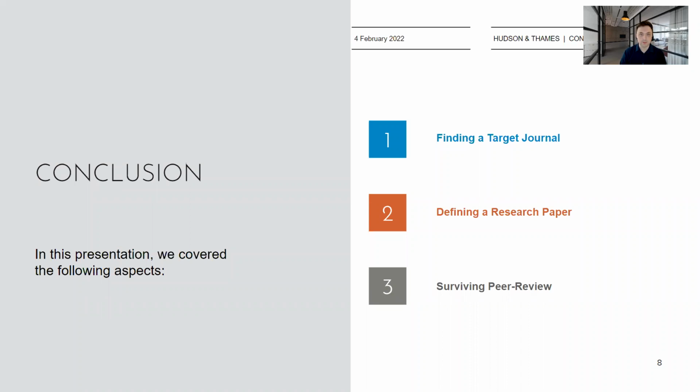So I've discussed several aspects of writing and publishing a paper, starting with finding a target journal. Again, quality is key. You want to publish in high impact journals. Then moving on to how you actually write a research paper, I gave a very broad outline of how a research paper should look with some brief descriptions of each section.